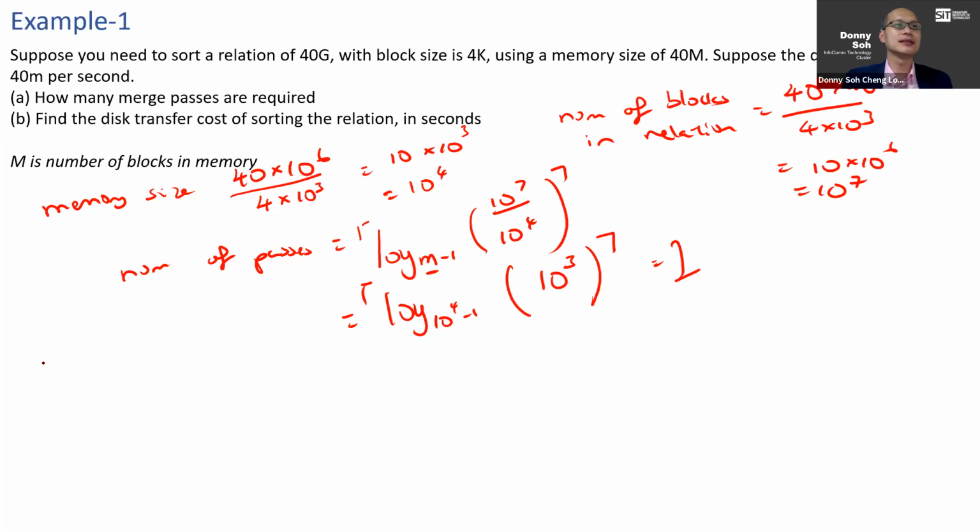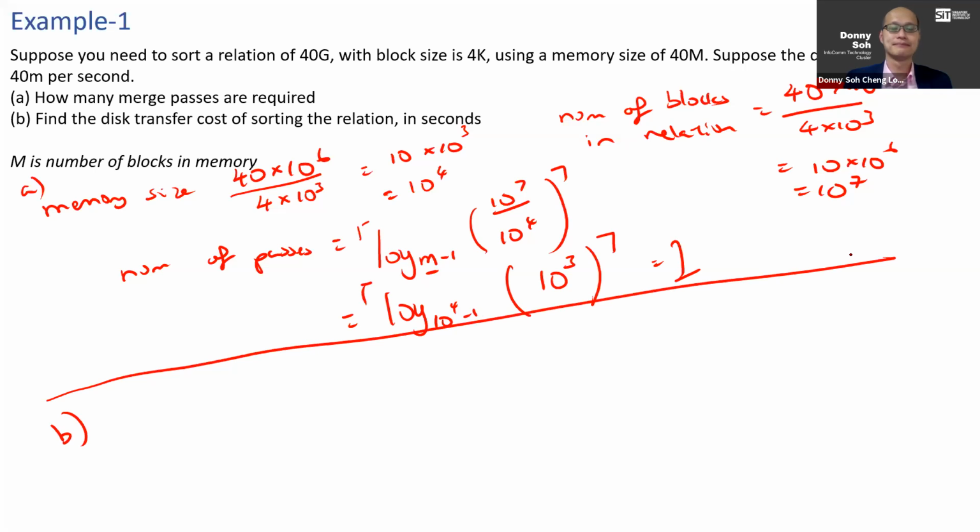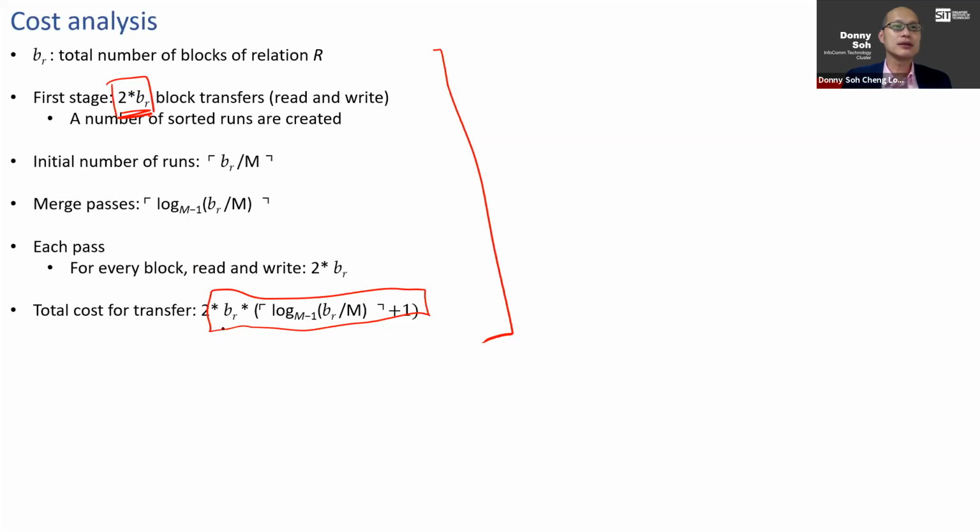Okay, so I went through this last week. So this is A. Let's look at B. So B is find out the disk transfer cost of sorting the relation in seconds. So let's see how much. In order to do that, the cost to transfer blocks is equal to this.